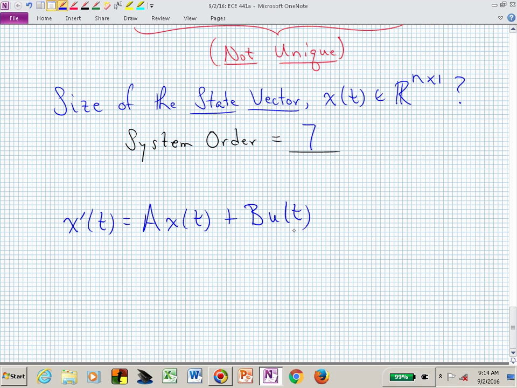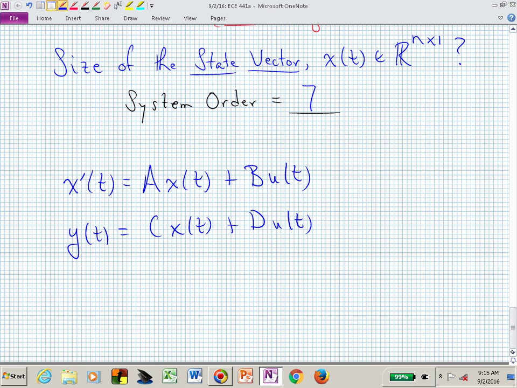To do then, for this standard form, x prime equals Ax plus Bu, y of t equals Cx of t plus Du of t, we now need to populate these matrices, A, B, C, and D, with the appropriate coefficients resulting from the equations that we just derived for that 3-mass system.